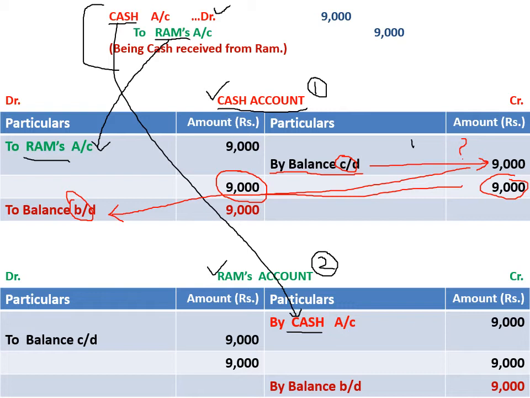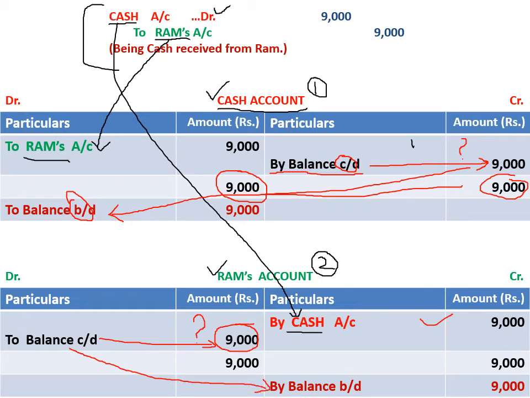Again you can understand this from the Ram account. In the Ram account, there is only a cash balance of 9,000. There is nothing on the debit side. So we find a balancing figure of 9,000 and this is written as balance CD amount 9,000, and balance CD is again transferred to the opposite side as balance brought down.